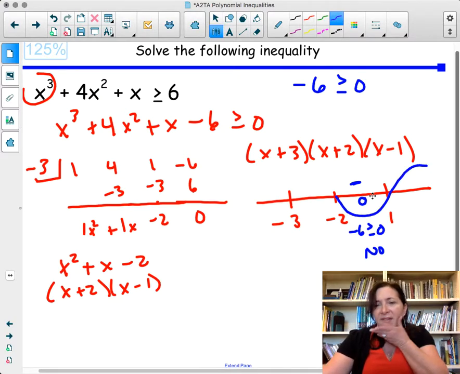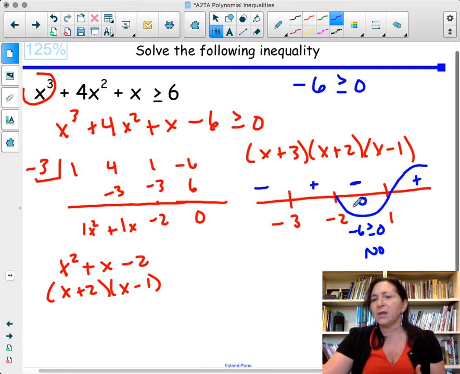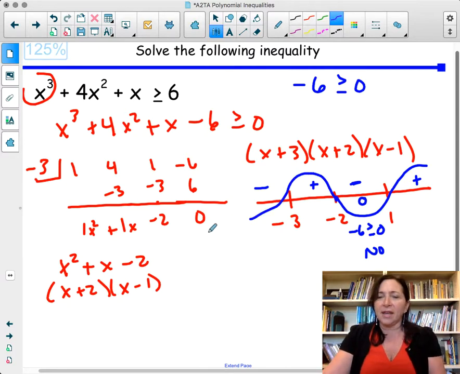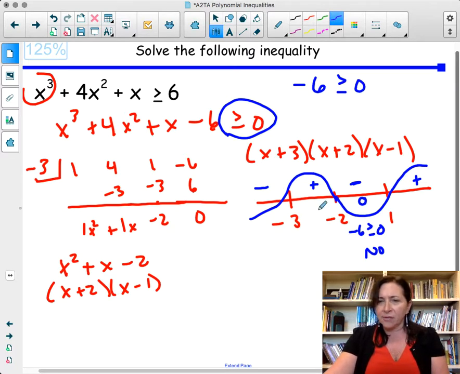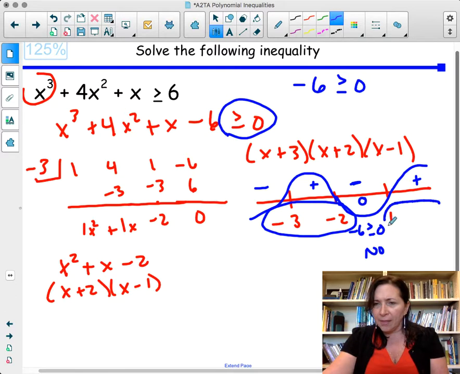So if it's not greater than 0, it's below 0, okay? And because I don't have any multiplicity, that's minus, this is plus, that's plus, negative, minus. So this is going to go like this, okay? And so the question is, where is my graph greater than or equal to 0? So it's going to be greater than or equal to 0, this interval and this interval.